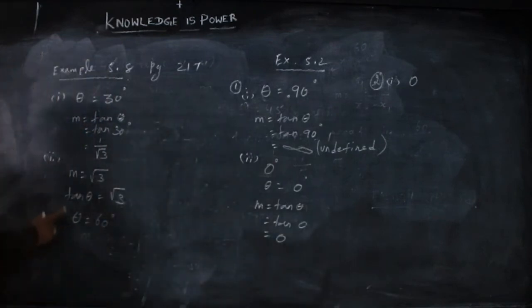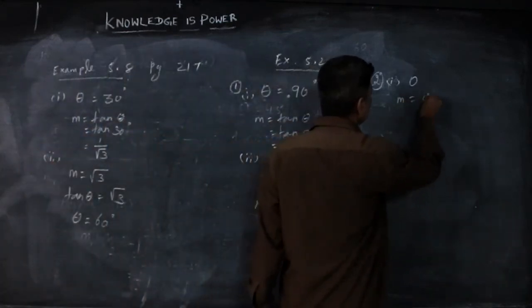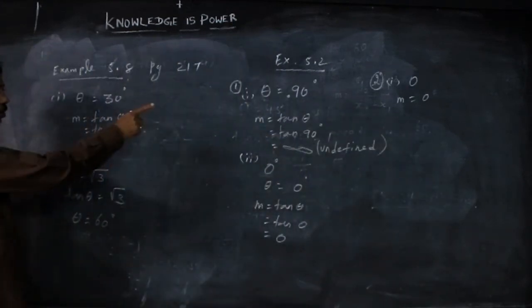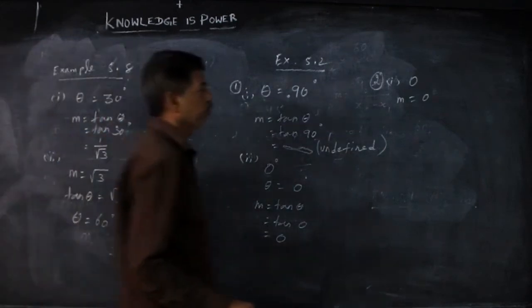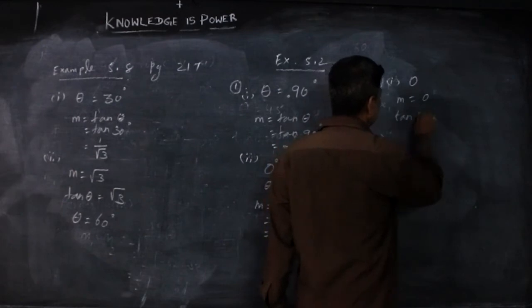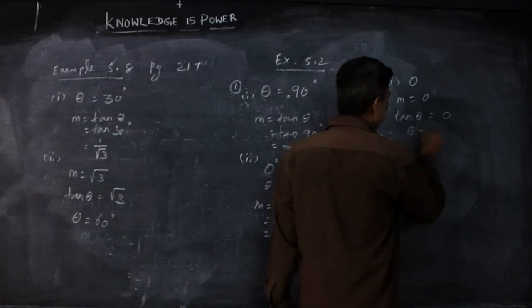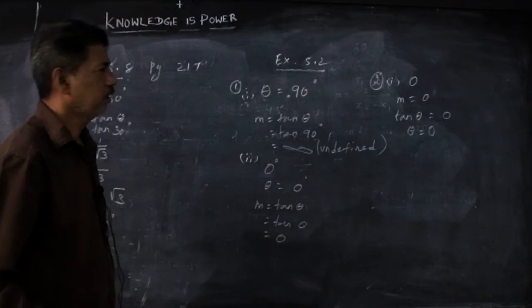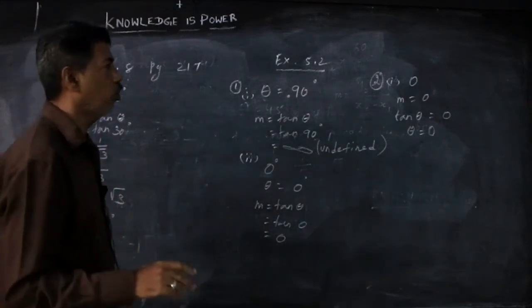In this same model you have to proceed. Okay, slope is given. They have given the value of m. m equal to 0, like m equal to root 3 given earlier. Then tan theta equal to 0, for what theta? They are asking for what theta tan theta is 0. Theta equal to 0 degree, because only when tan theta is 0 is the angle 0 degree.